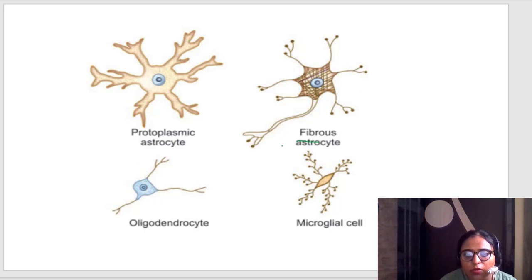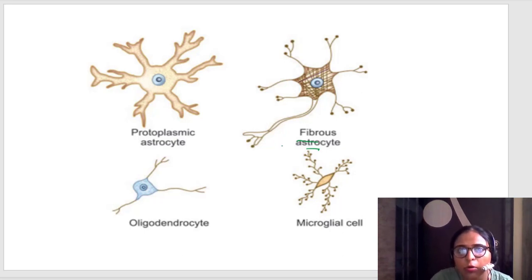And if we talk about the fibrous astrocyte, they send their processes to the blood vessels to form the tight junctions, so that it forms a blood brain barrier and only allows the selective entry of the products from the blood to the brain. Fine. Whereas protoplasmic astrocytes are distributed in the gray matter mostly, and they send their processes to the nerve cell bodies, means to the neurons, so that it provides a support to them.